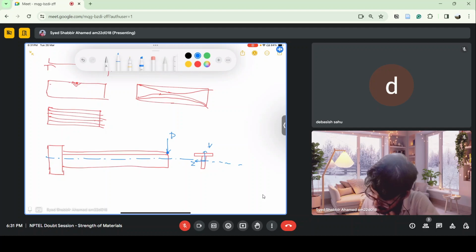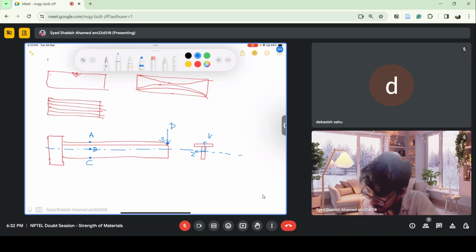Let's say this point is S, and at some distance there is a point A, and on the neutral surface there is a point B, and at the bottom of the beam there is a point C. And on the flange, let's say there is some point D.